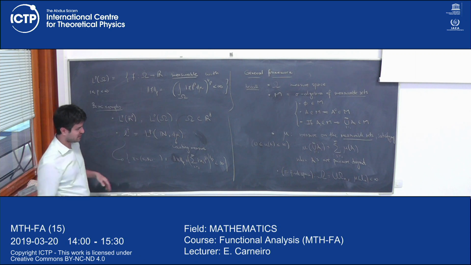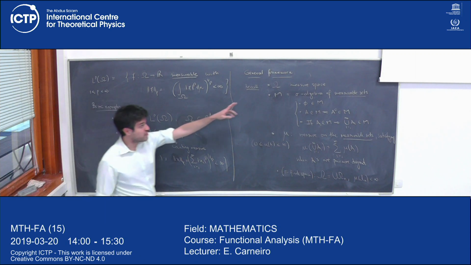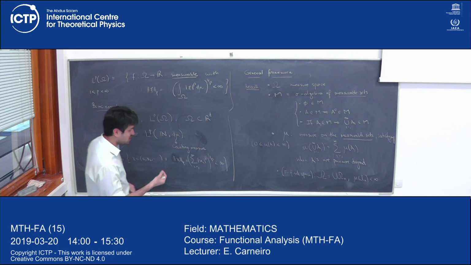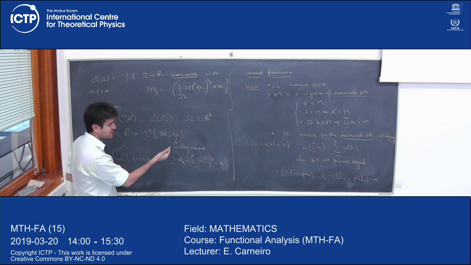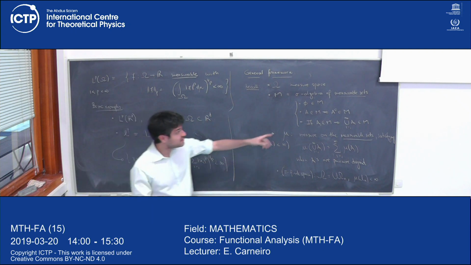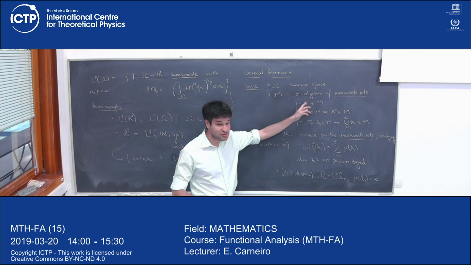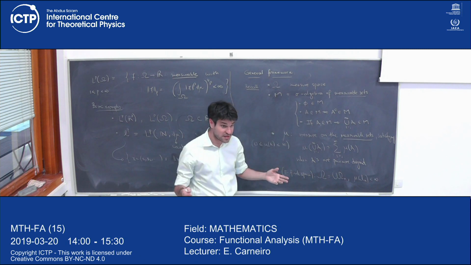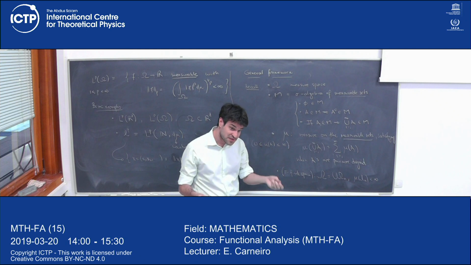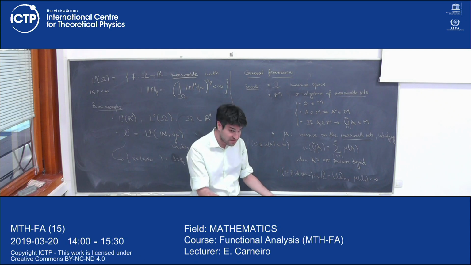This is essentially having your omega be the natural numbers. The sigma algebra will be all the subsets of the natural numbers, and the measure of a subset is just how many elements that subset has.